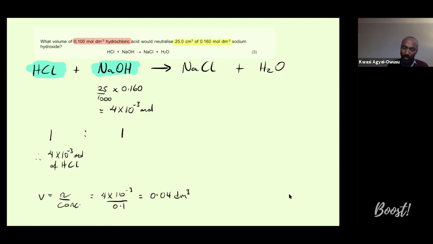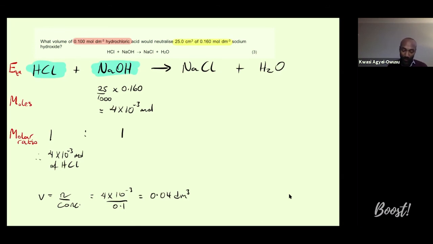And if we label the different steps we've carried out, if I do this in red, we've got the equation here, and then the number of moles, which is the first calculation we do. And then in the third step, we're using the molar ratio, which we obtain from the balanced equation.